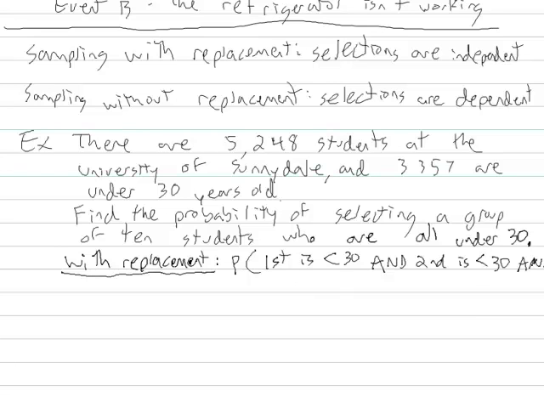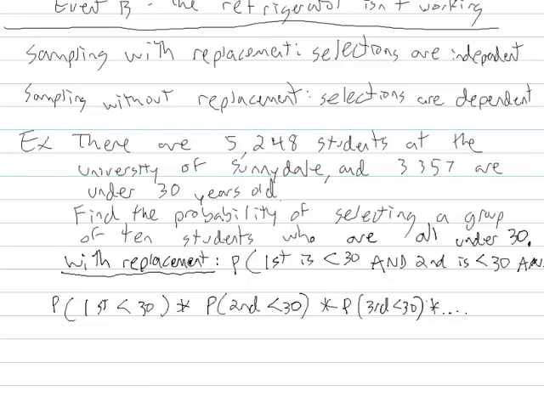And so we would do this with the multiplication rule. We would say, well, probability that the first is under 30 times probability that the second is under 30 times the probability that the third is under 30 times ... times the probability that the 10th one is under 30.